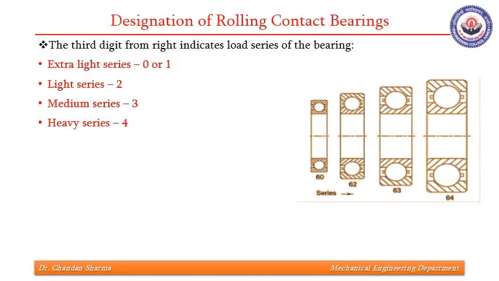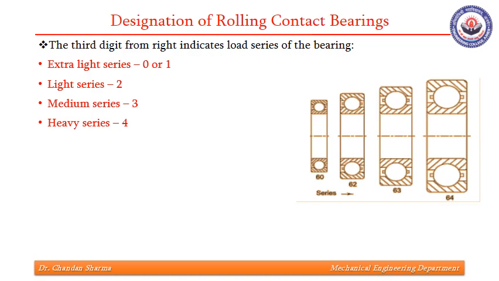You can see all the bearings have the same internal diameter. So they are meant for the same shaft diameter. But they are arranged in the increasing order of their load carrying capacity. So our job is to find which of the available bearings will be suitable for our application.